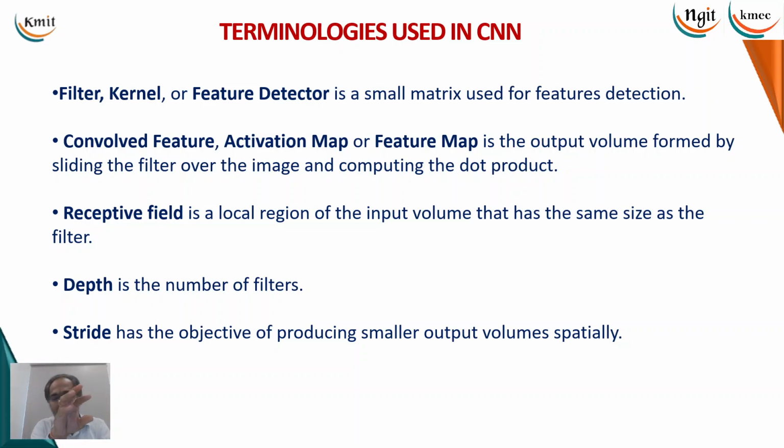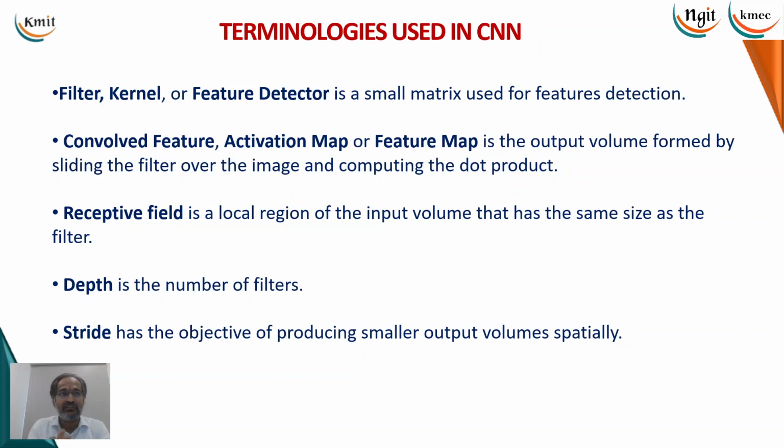At a particular moment, where the matrix is placed on top of the image, that place is called the receptive field. The currently active part participating with the kernel or filter is called the receptive field.